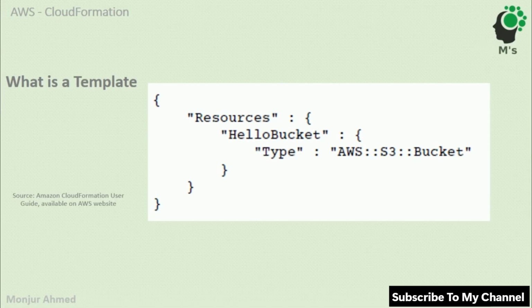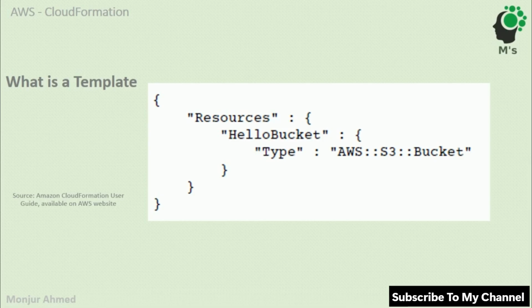If you go to the AWS website and look for the CloudFormation user guide, you will find a detailed explanation of CloudFormation, which includes a detailed discussion of templates as well. So this is a very simple view of a template where we are asking CloudFormation to allocate a resource, which is a bucket, and we are giving the name hello bucket.